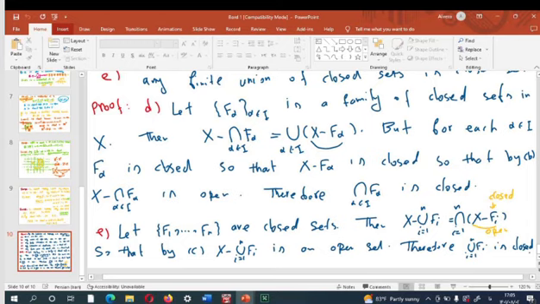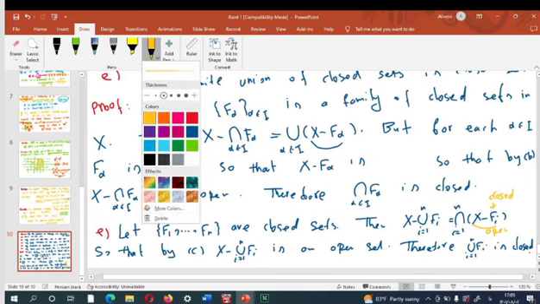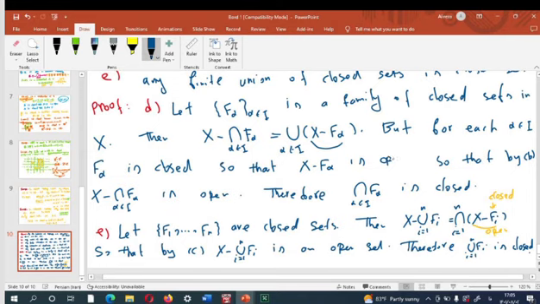Mr. Muhammad Hassan and one other student mentioned this mistake to me, and we must correct this. This is closed, okay? This is open because F alpha is closed so that its complement is open. Thank you, Muhammad Hassan, and one of the other students. Open. So this union is open too, okay?